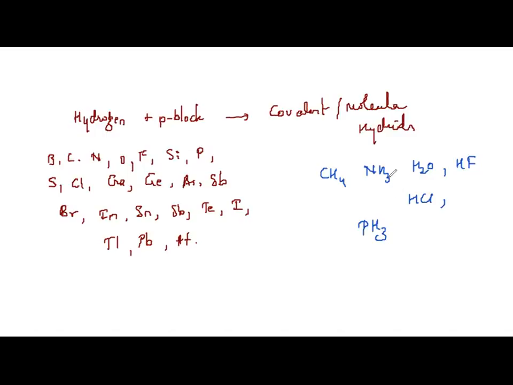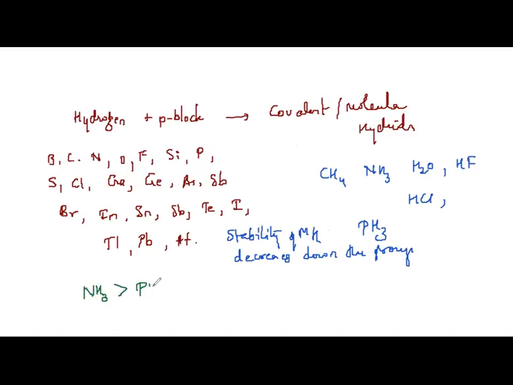The stability of these hydrides decreases down the group. That means as you move down the group, the stability decreases. Therefore, if I want to write the order for group 15 elements, first comes NH3, which is more thermally stable.